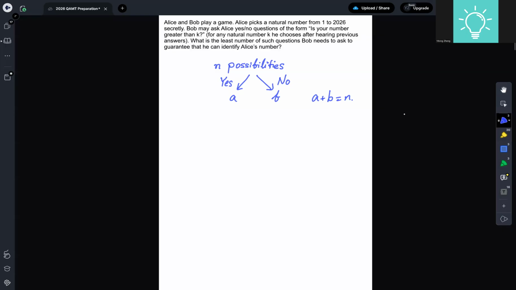But if maybe A is very big and B is very small, then if Alice answers yes, the number of possibilities doesn't reduce by very much. So our strategy is just to choose the number that's in the middle of the range where you think Alice's number is going to be. So every question, we can say the number of possibilities halves.